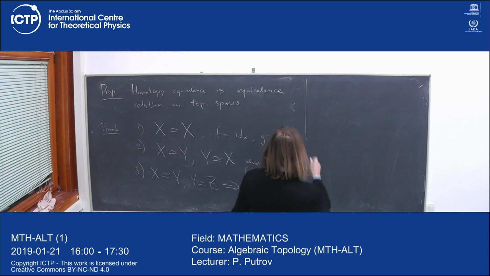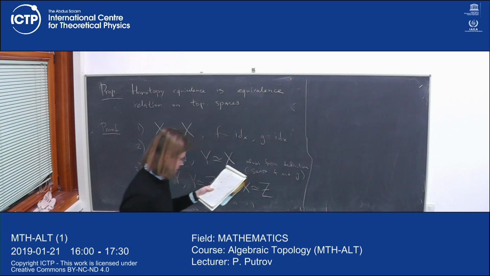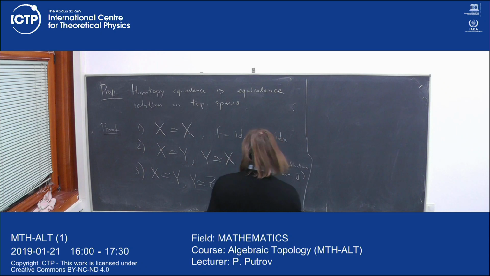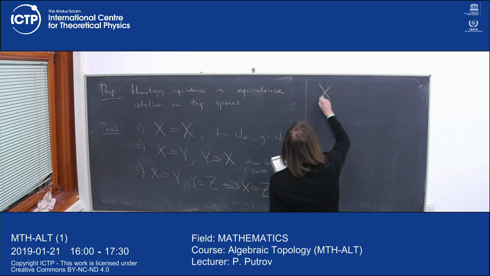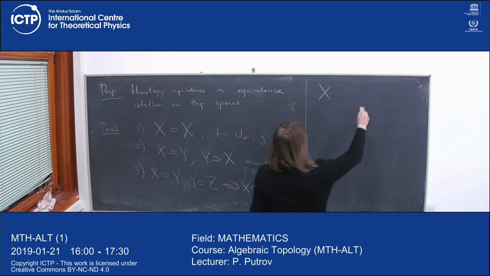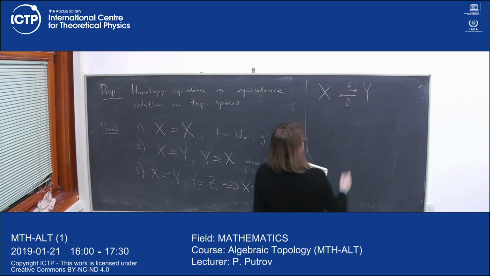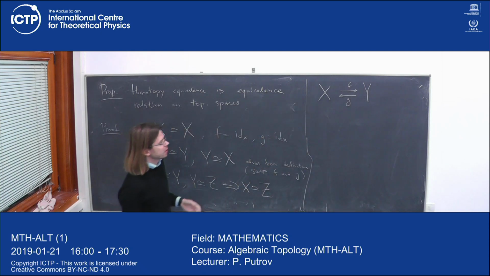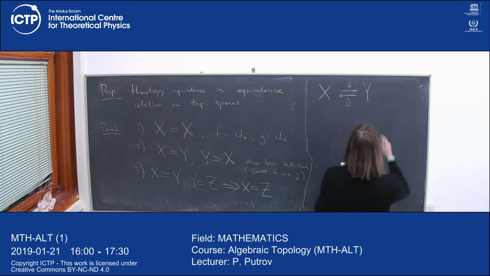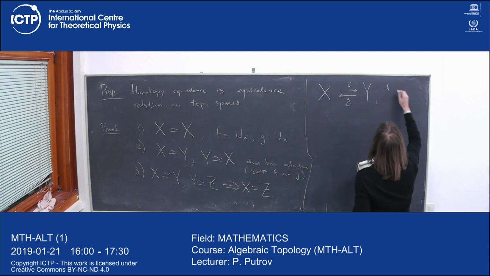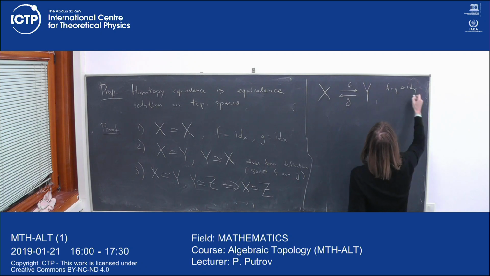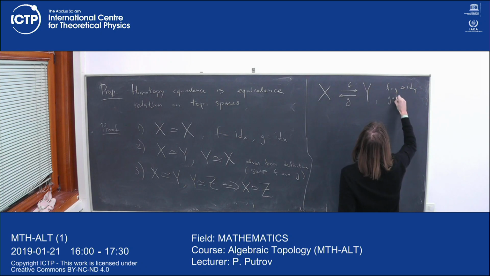This was one reason why we needed one of the propositions before. So we can use short notation. Let f and g be maps as in the definition of homotopy equivalence, such that the composition of f and g is homotopic to the identity on Y, and the composition of g and f is homotopic to the identity on X.